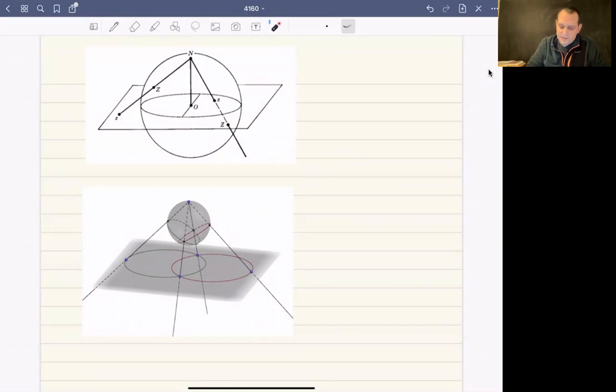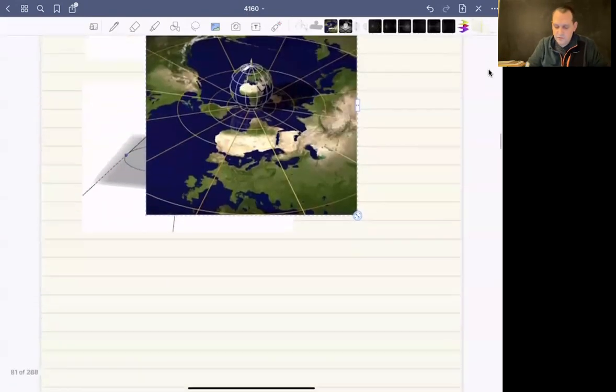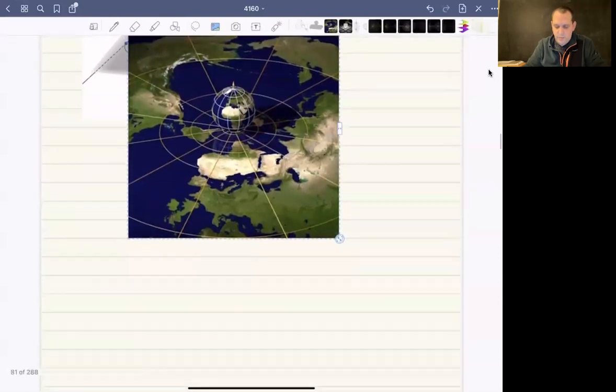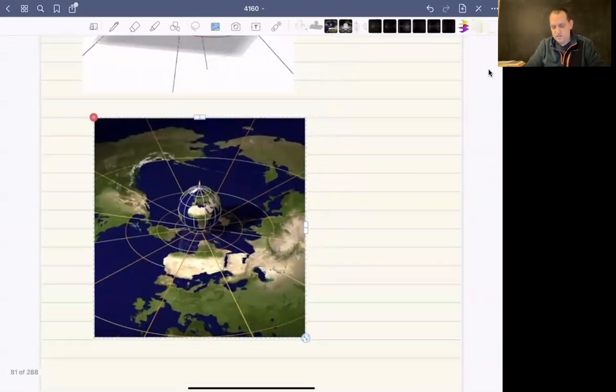And if you were to do this onto, say, the globe of the Earth, this is what this weird map would look like. So this is one way that you can get a nice specific bijection between a sphere and a plane, right? So if you wanted to look at a projection of the Earth onto a flat two-dimensional map, this is what it looks like.